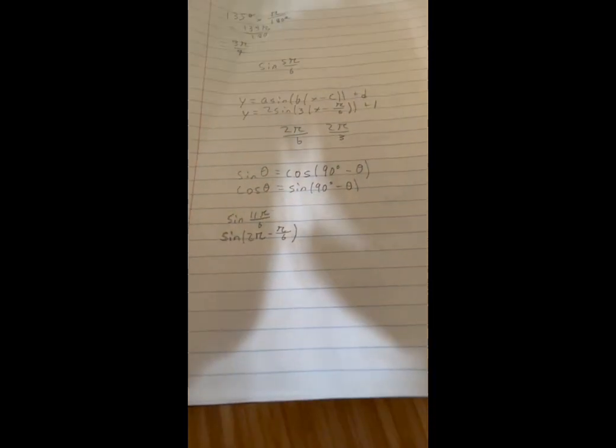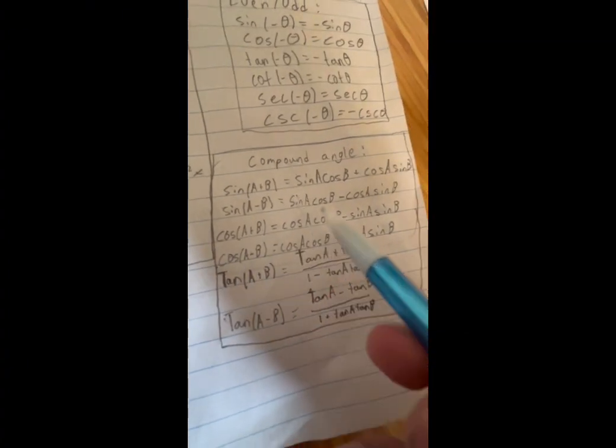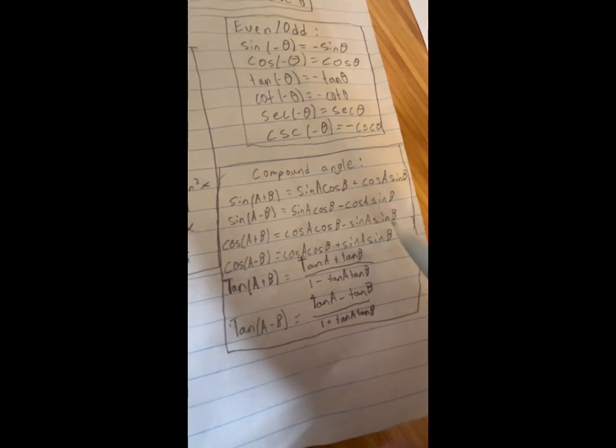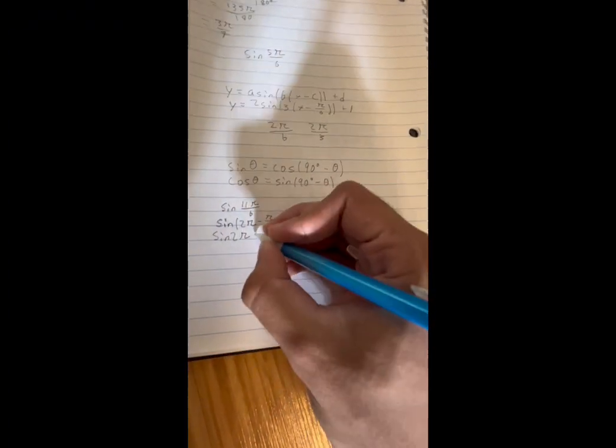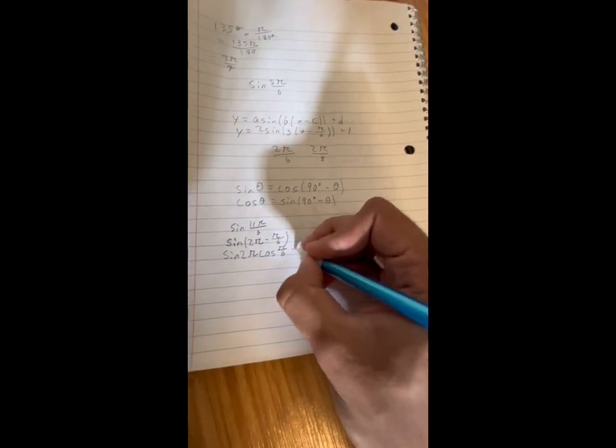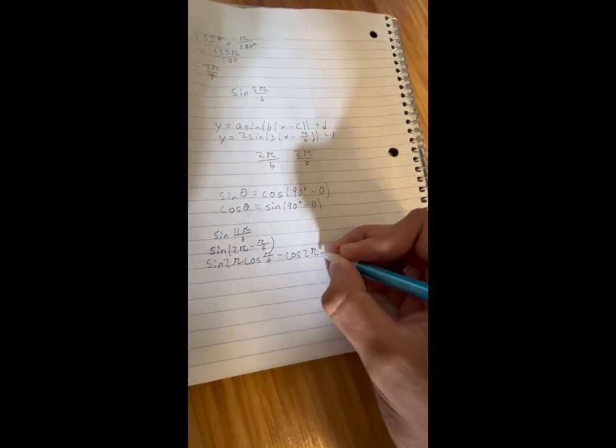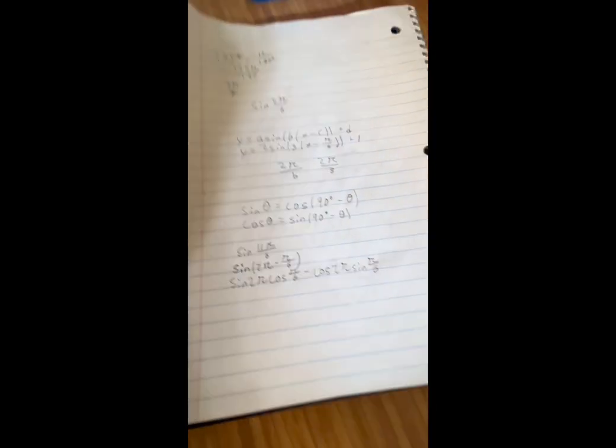Then we would use our identity, sine A minus B, which is equal to sine A cos B minus cos A sine B. So sine 2 pi cos pi over 6 minus cos 2 pi sine pi over 6.